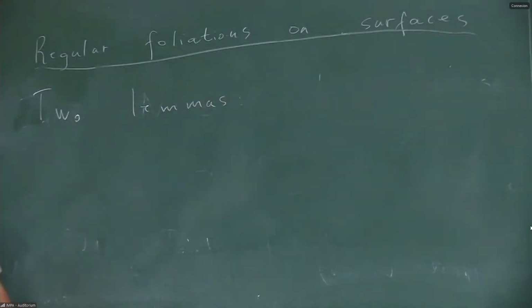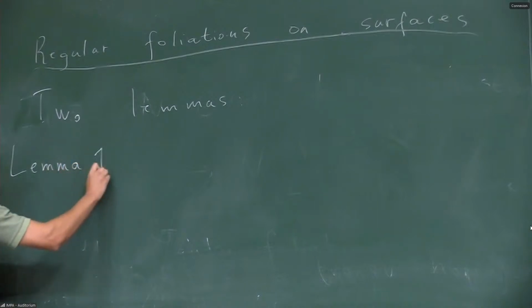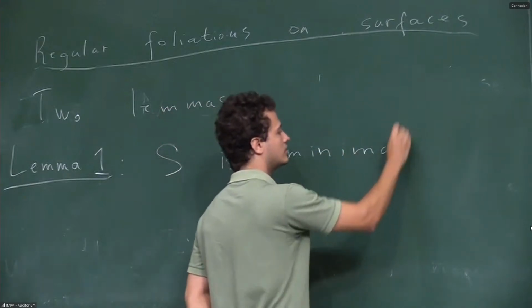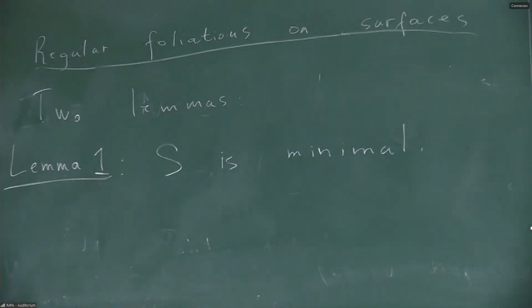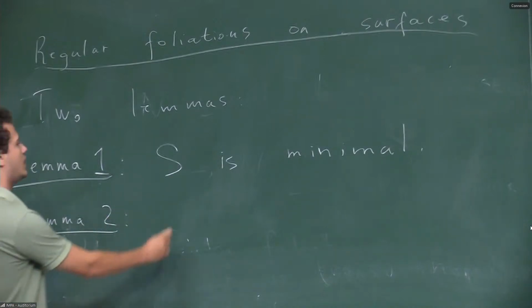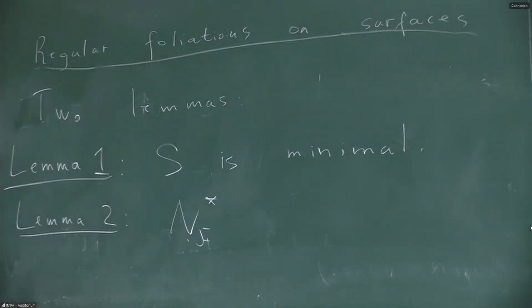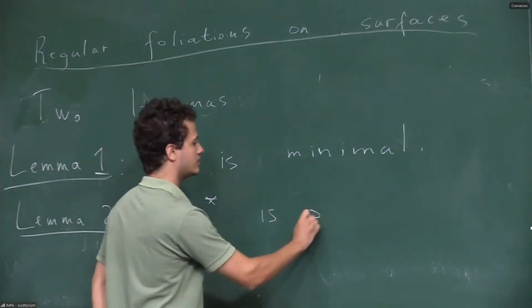The first one, which was also done by Carolina, is to show that S has to be a minimal surface. I'll not do it here, I don't have time. And the second one, after showing this, is that the conormal bundle of the foliation is a pseudo-effective line bundle.